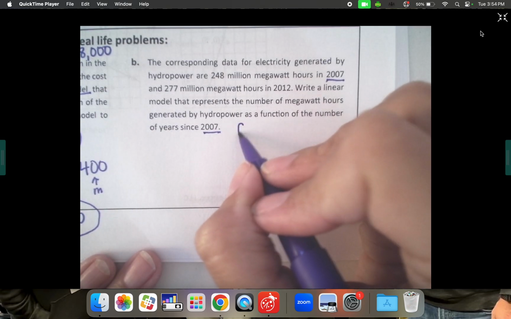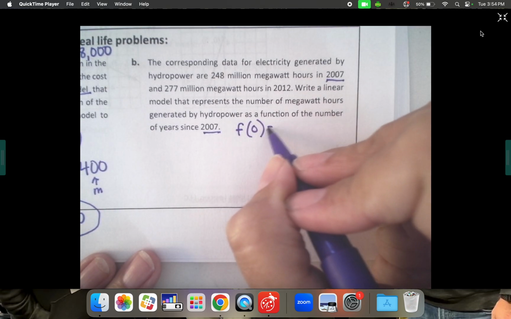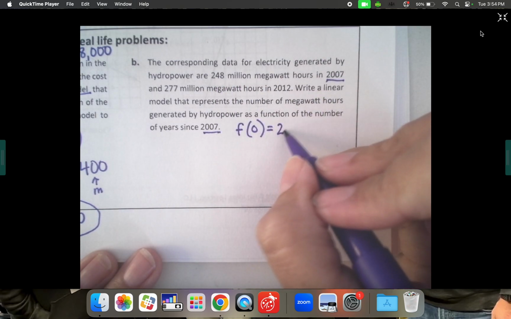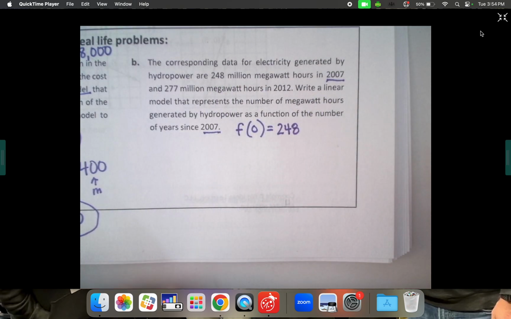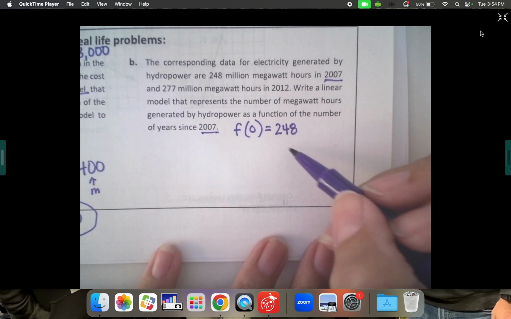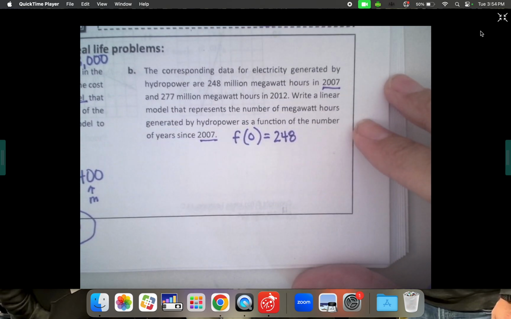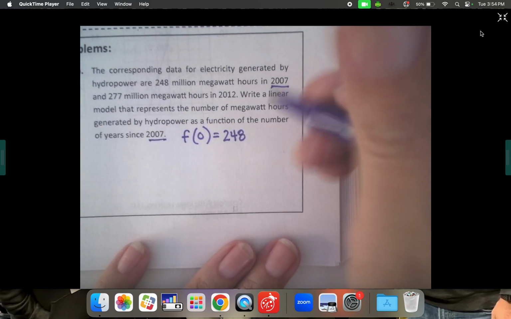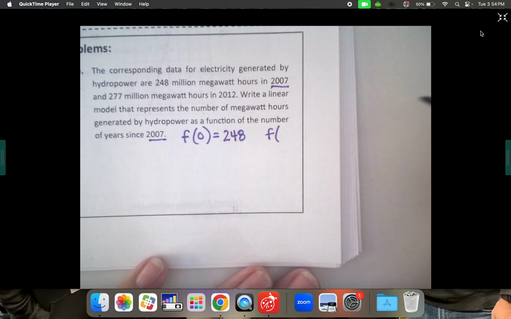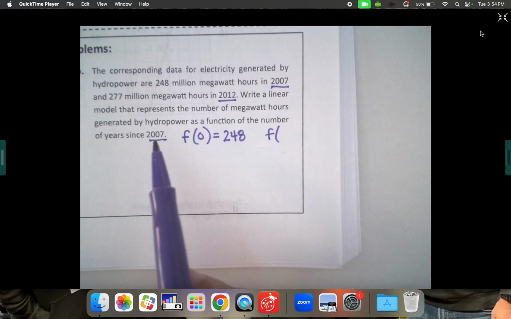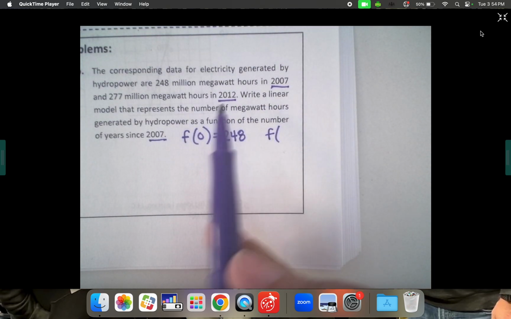So a function of the year 0 is when it was 248. I know I'm making this one function notation and I made these ordered pairs. It doesn't matter. You do what you like to do best. It's the same thing.